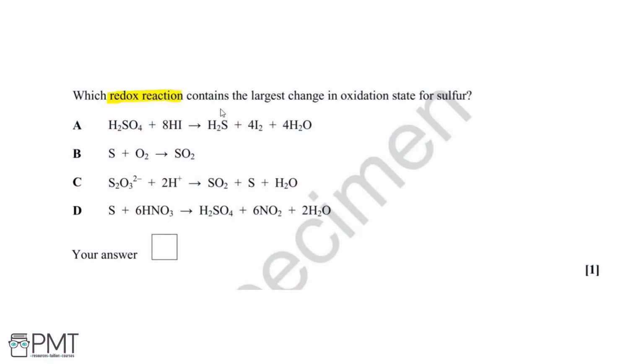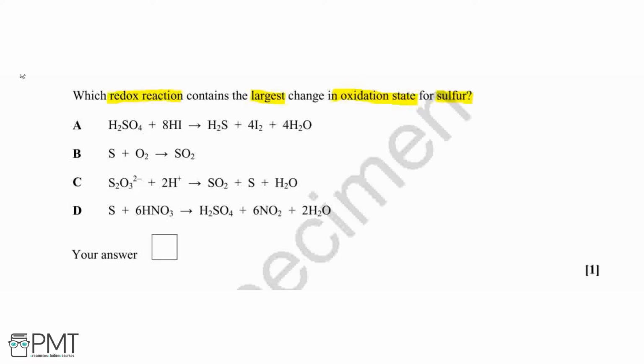Which redox reaction contains the largest change in oxidation state for sulfur? We've got 4 different equations below, so let's work out the oxidation states for the sulfur in each of these equations.